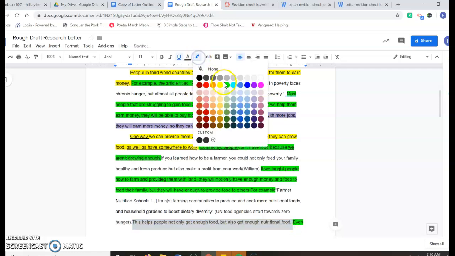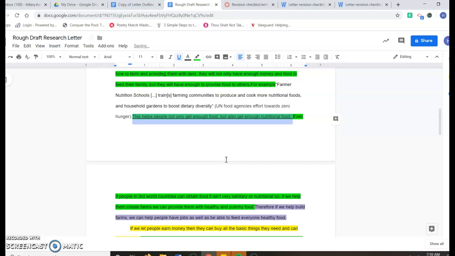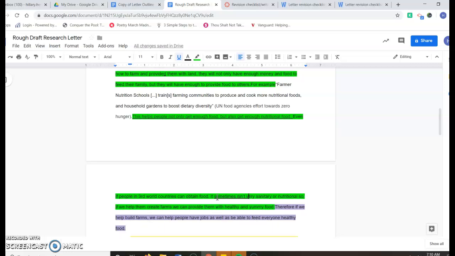highlight it in green. Even if people in third world countries can obtain food, it sometimes isn't very sanitary or nutritional.